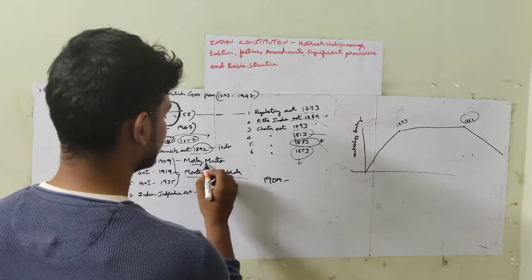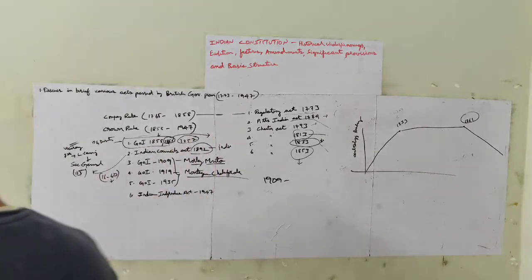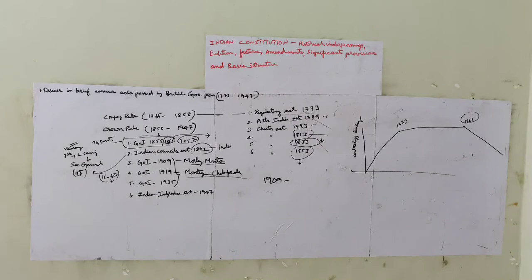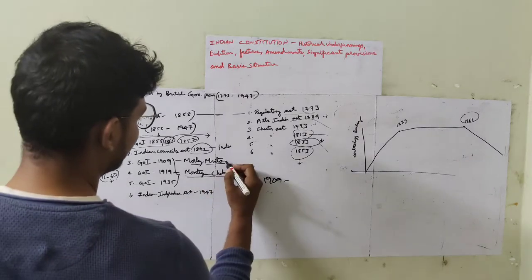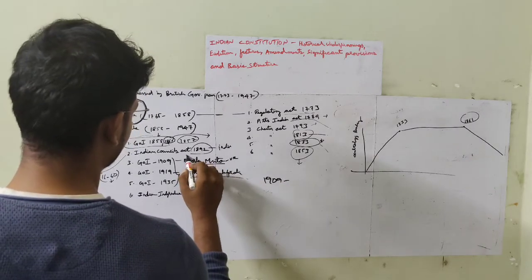Minto was the viceroy and Morley was the secretary.